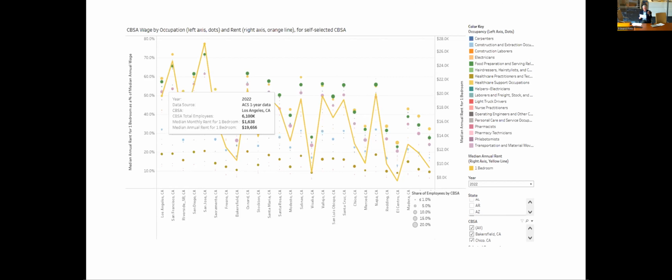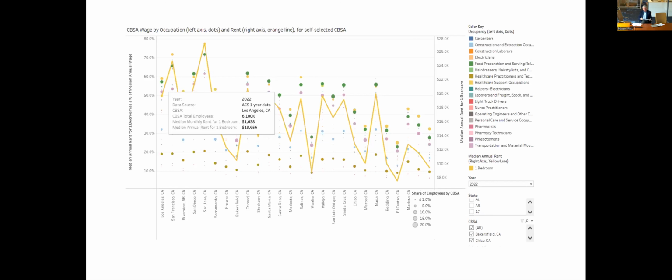And recall those wages that we talked about earlier, and that food service, food prep, and healthcare support occupations, and some of these others were relatively low paying jobs. And so you see food prep is that green, the healthcare is that yellow. Those are up at the 50–60% of their wages would have to go to rent in order to rent a 1-bedroom apartment.